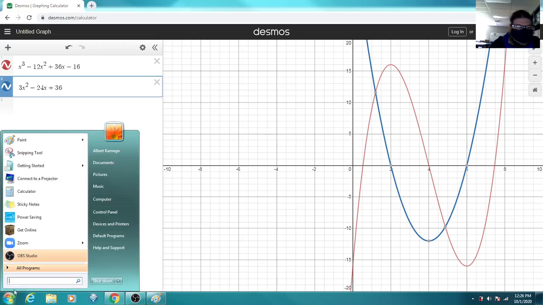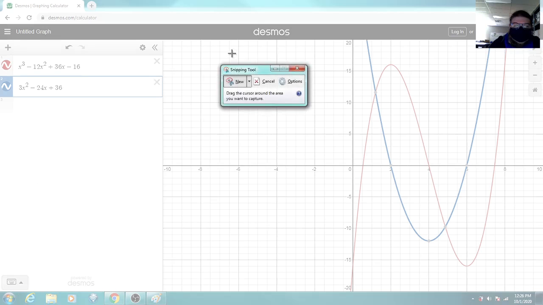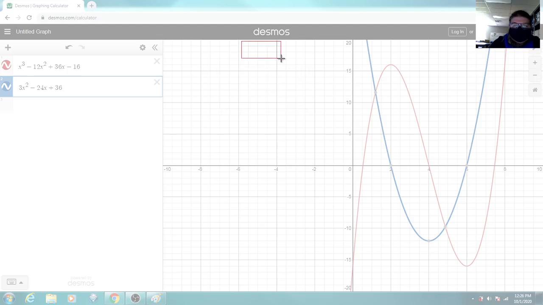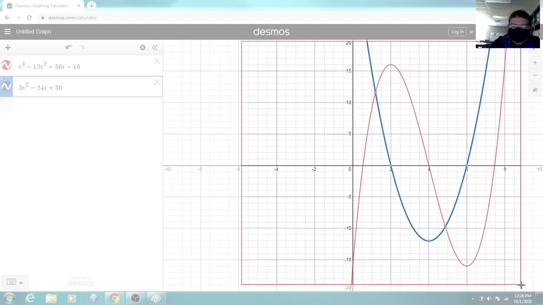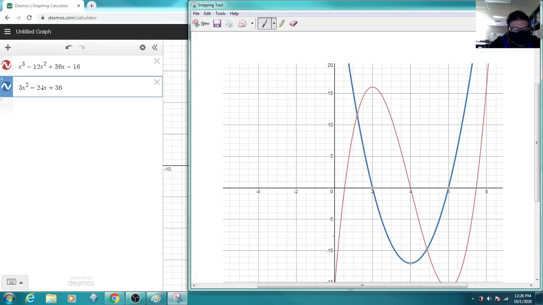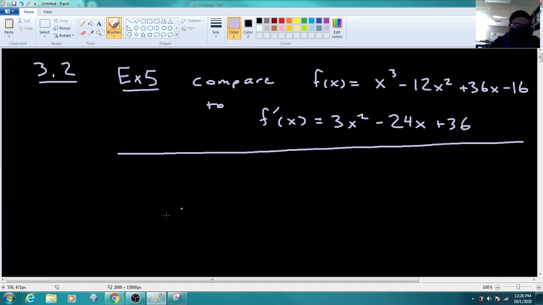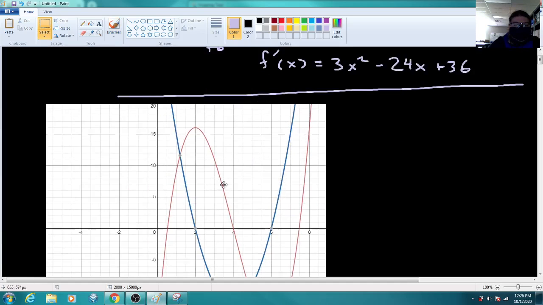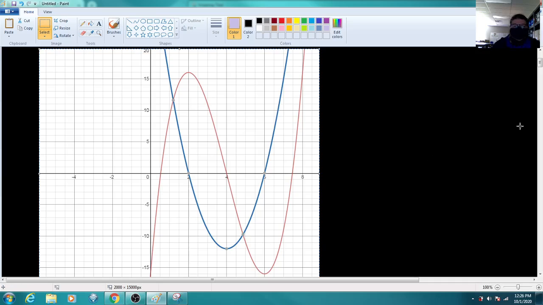In this graph, the red graph is our base function f of x, and the blue graph is the derivative, f prime of x.